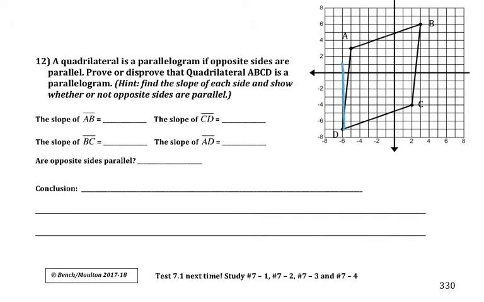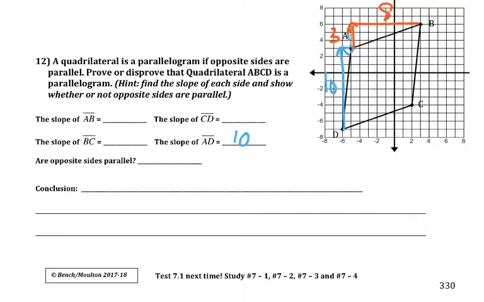So from D to A, we're rising 10, and we're running 1. So our slope of AD is 10. Now make sure you put that for the slope of AD. Next, we're going to find the slope of AB. So from A to B, we're going to rise 3, and we're going to run 8.